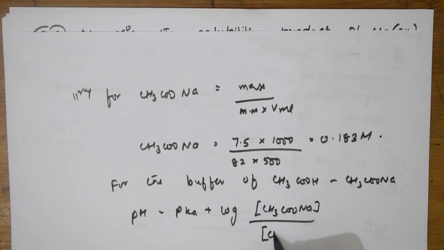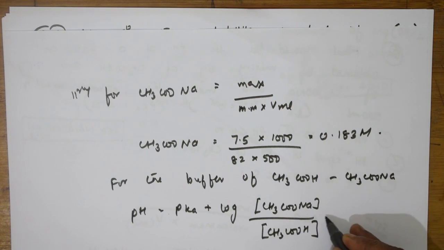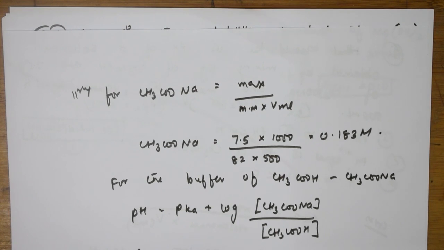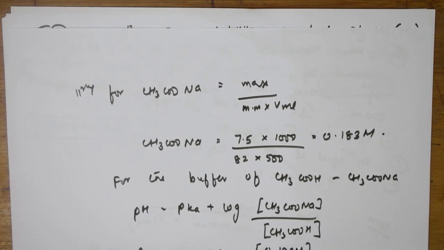This formula also we have studied. So pH is equal to, how much is the pKa which we got? 4.76 plus log of, how much is it? 0.183 molar for the salt, and for acetic acid we got 0.166.